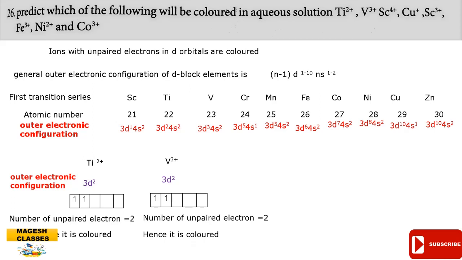Clear? Next, scandium 4+. The electronic configuration of scandium is 3d1 4s2, 2 electrons in the outer shell and 1 electron in the inner shell. 4+ is obtained by losing all the electrons, but only 3 electrons are there. So it is a hypothetical species and it is colorless.